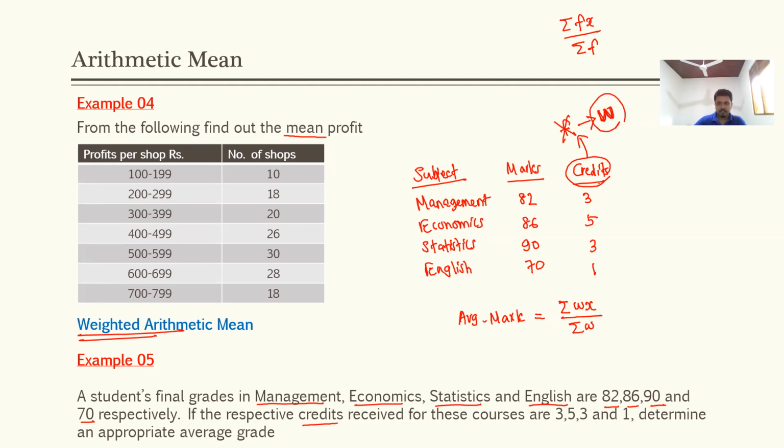This w is the weight we gave to each subject, and the x variable is our x value. So w into x: 3 into 82 is how much? 246. 86 into 5? 430. 90 into 3, 270. 70 into 1, 70. So what is the sigma wx value?